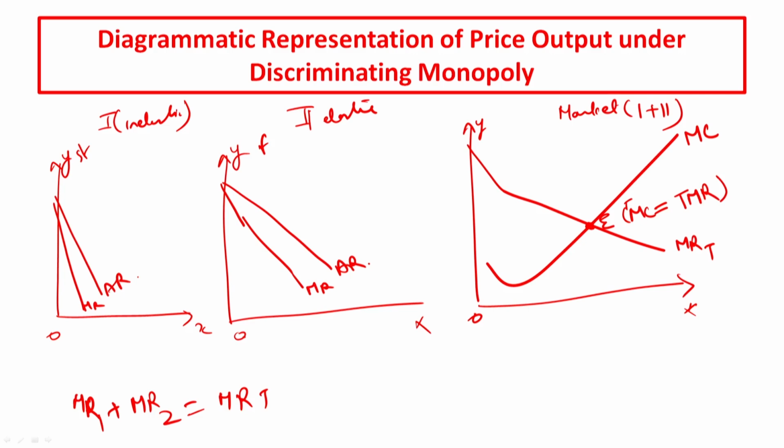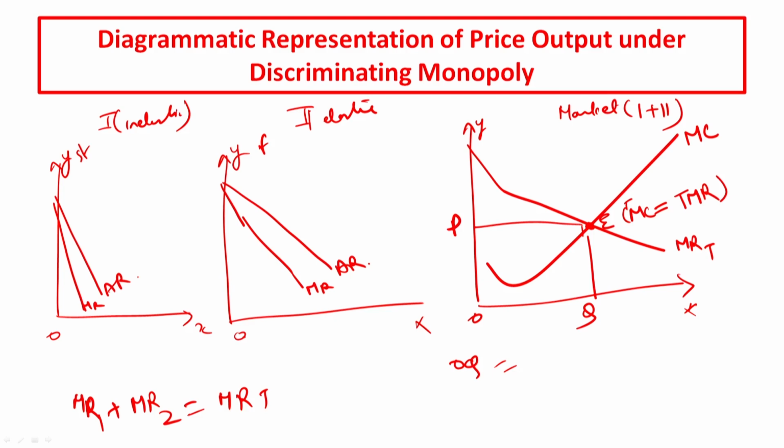This gives you the level of output, OQ, that will be produced by the monopoly firm overall. And OP is the price at which OQ is produced.